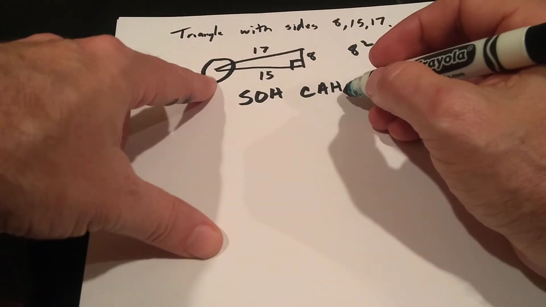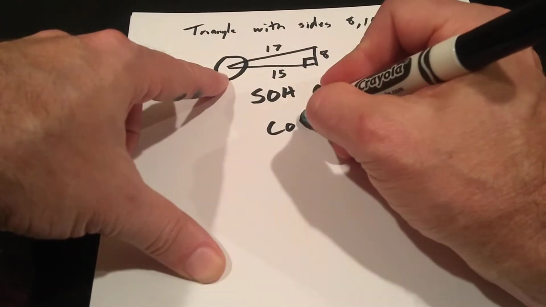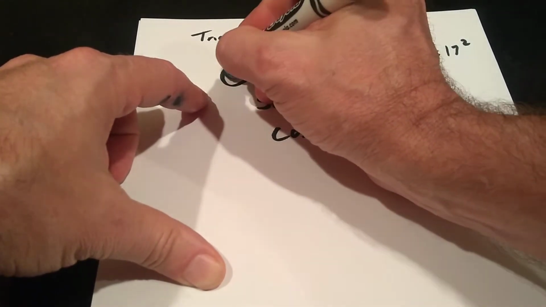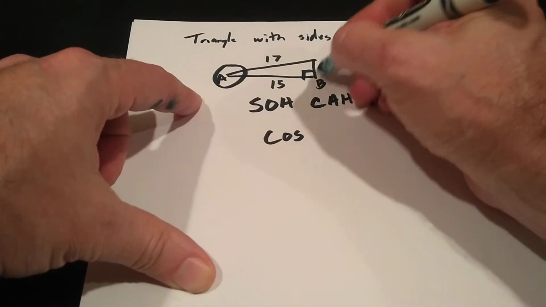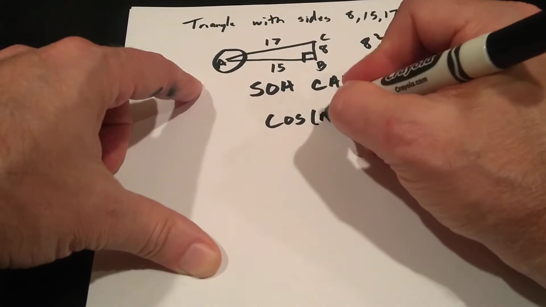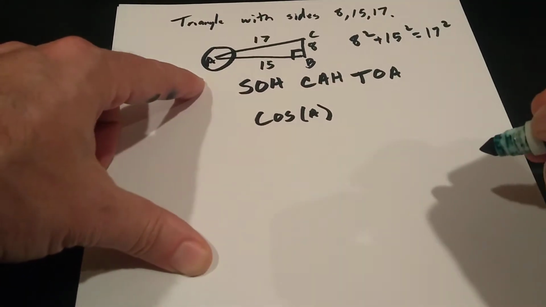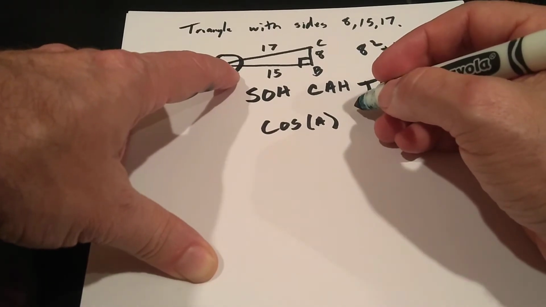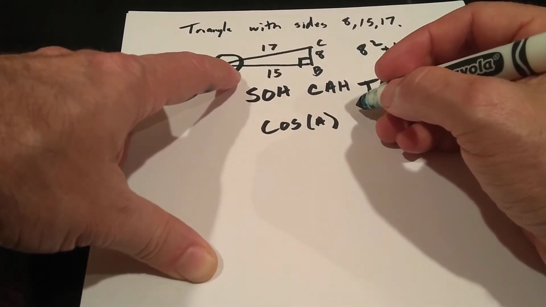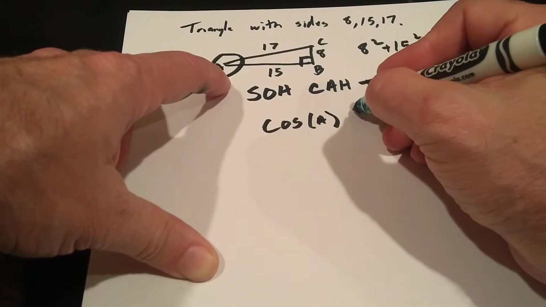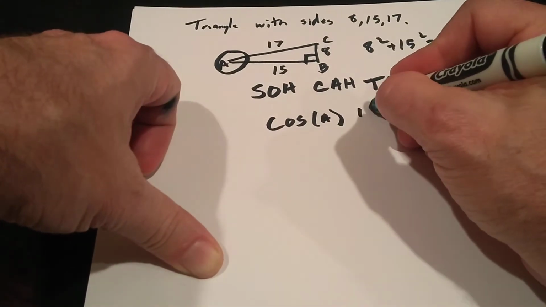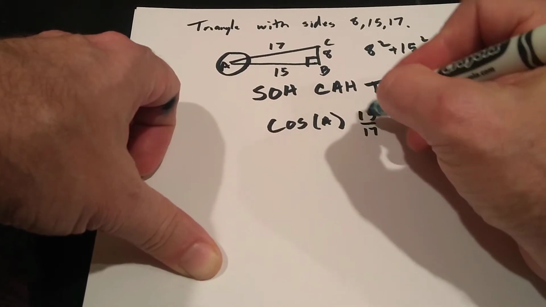If I'm looking at cosine for this angle, which I'm going to call angle A, we'll call this triangle ABC, the cosine for angle A is going to be adjacent over hypotenuse, which is 15 over 17.